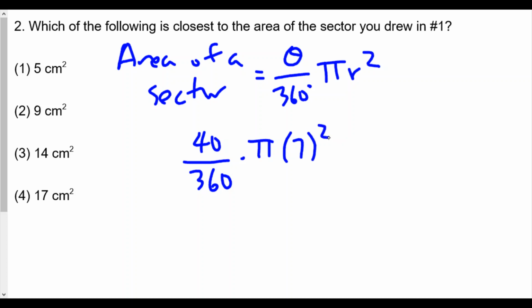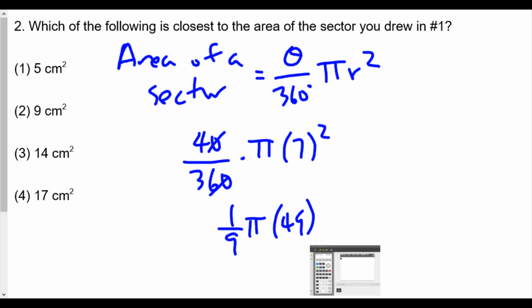So we'll simplify the 40 and the 360. I believe in this case we get here, 4 goes into 36 9 times, so it's 1/9. So we have 1/9 times pi times 49. So now we bring our calculator.